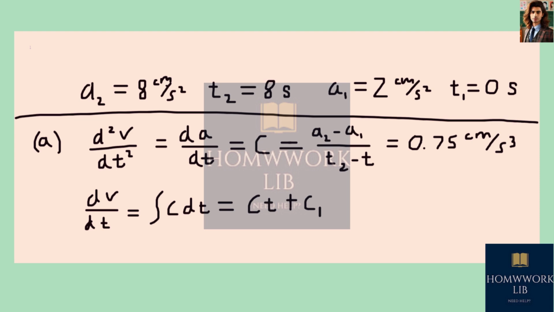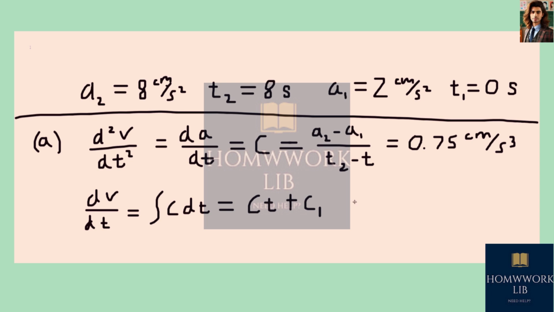How do we figure out that integration constant? An easy way would be to plug in the time t equals 0 into our expression. At t equals 0, we know that the acceleration, dv/dt, is equal to 2. The only way that's possible is if c1 equals 2, because c times t would be 0.